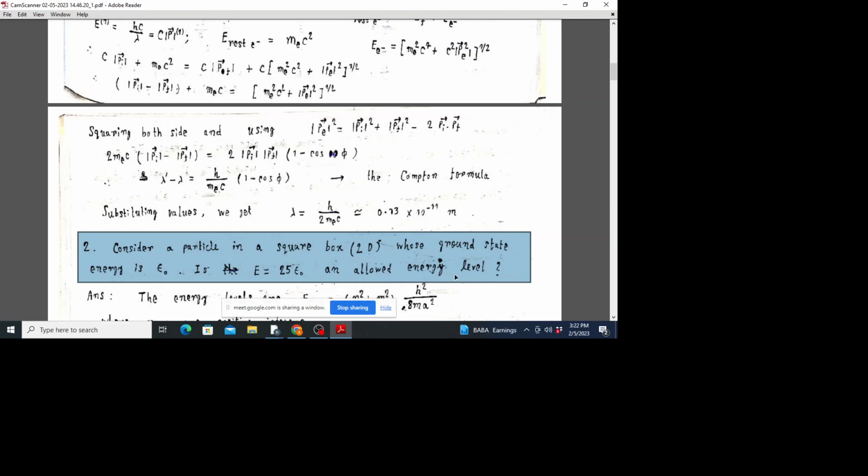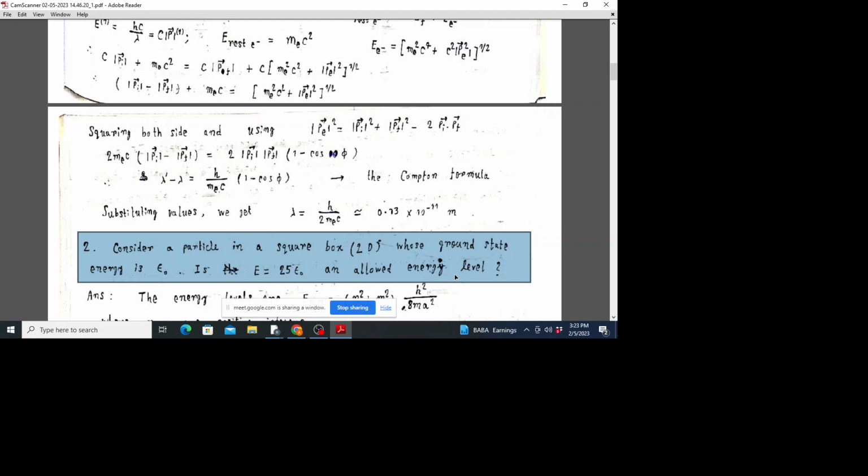As we all know, in 1D infinite potential well, if epsilon naught is the ground state, then the second energy level is 4 epsilon naught, then 9 epsilon naught. But in between, like 2 epsilon naught or 7 epsilon naught, these are not allowed energy levels, right?